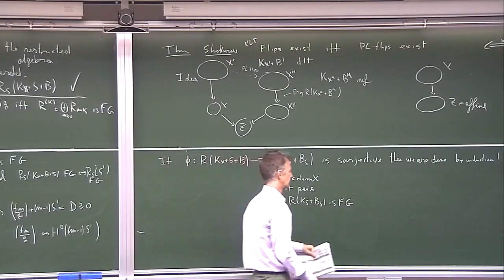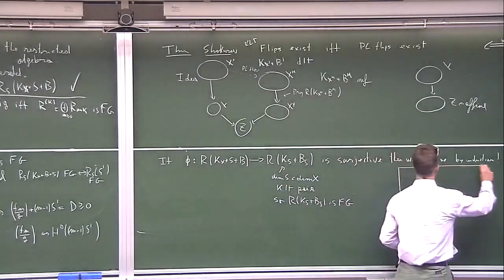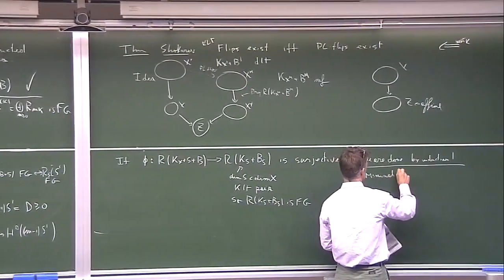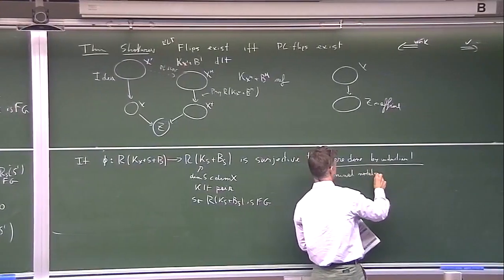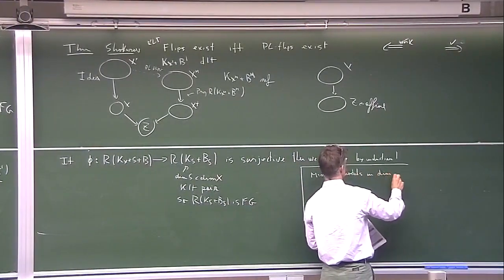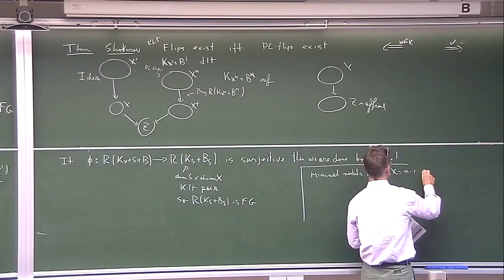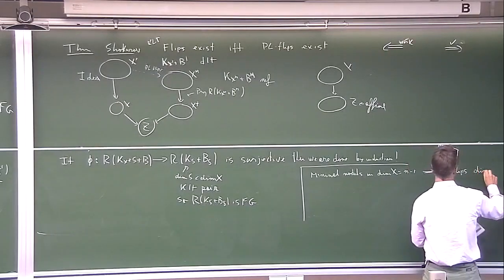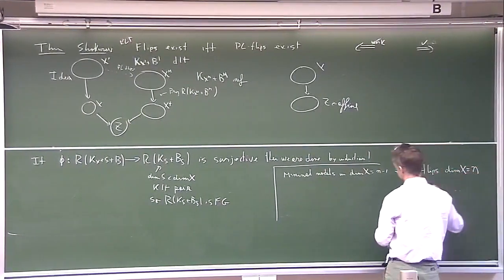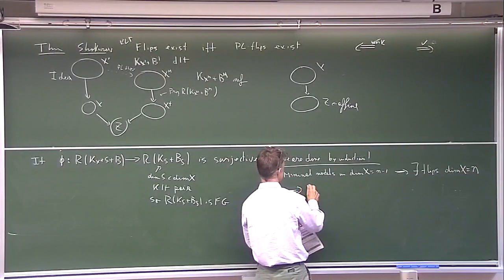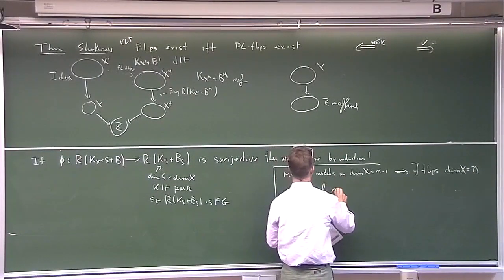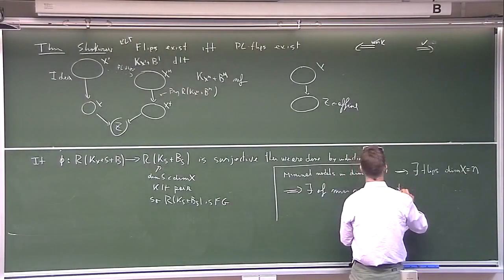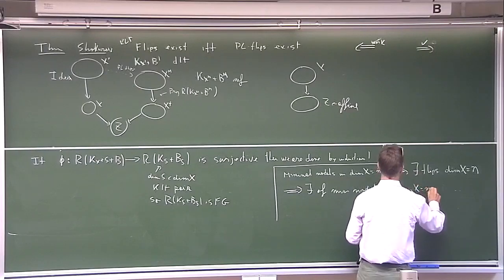So the idea for the proof by induction is: minimal models in dimension X equals n minus 1 implies existence of flips for dimension of X equals n, and then this implies existence of minimal models in dimension X equals n, and then you just repeat.